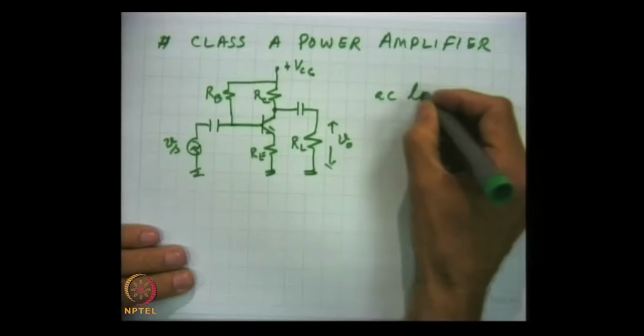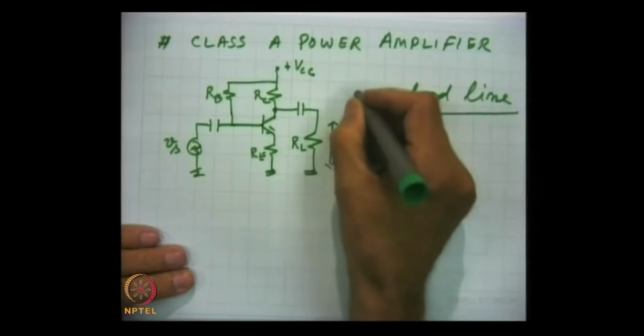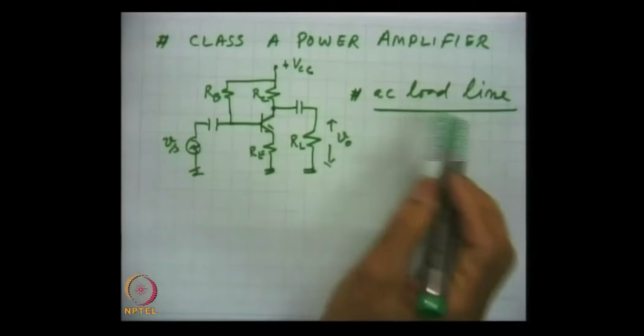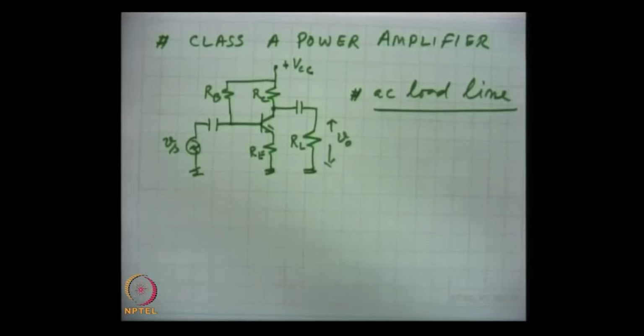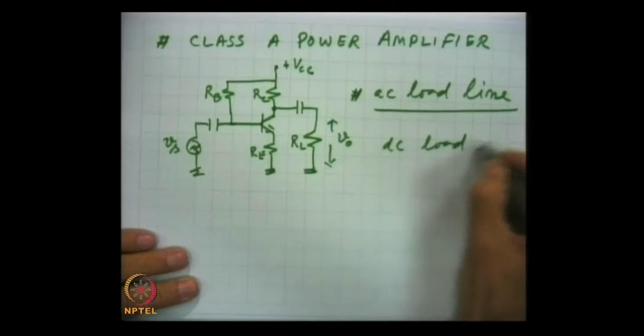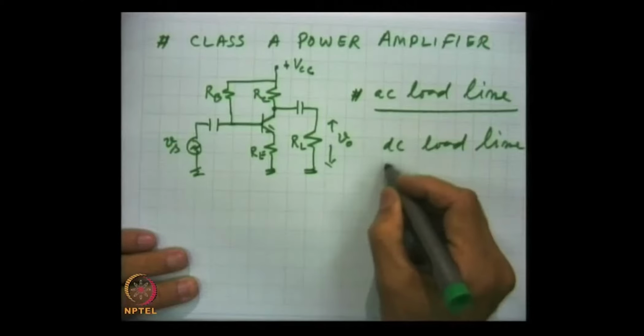AC load line. The load line concept we have already discussed when we discussed the bipolar transistor, but now we require the AC load line. So, there is a DC load line and then there is an AC load line.